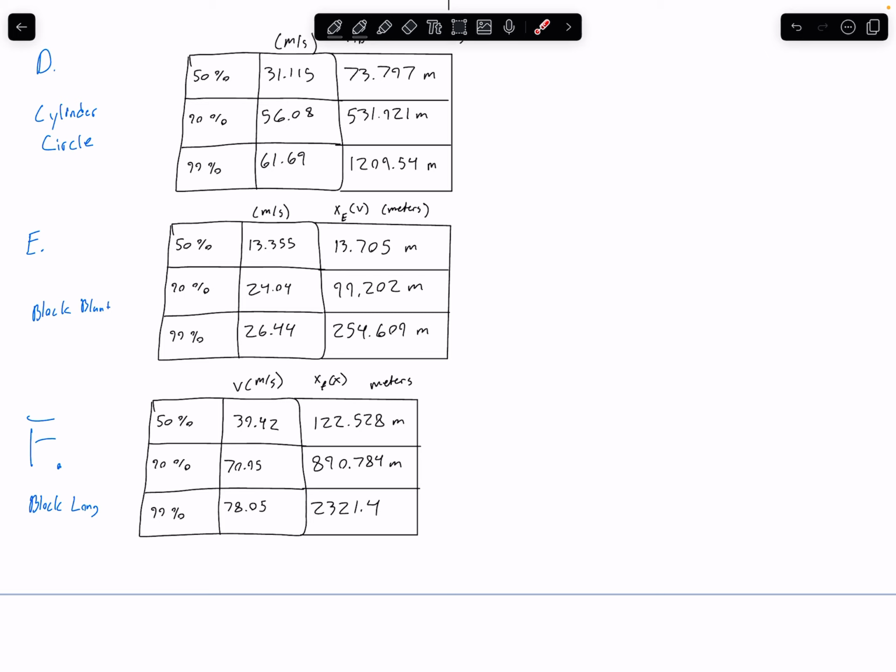And then for a final calculation, for the block long, which is when it's a rectangle, I believe, to reach half of terminal velocity takes 122.528 meters. For 90%, it takes 890.784 meters. To reach 99%, it takes 2,321.4 meters.